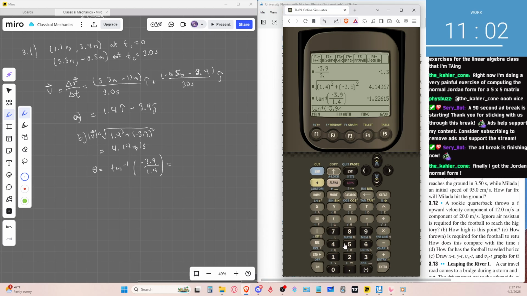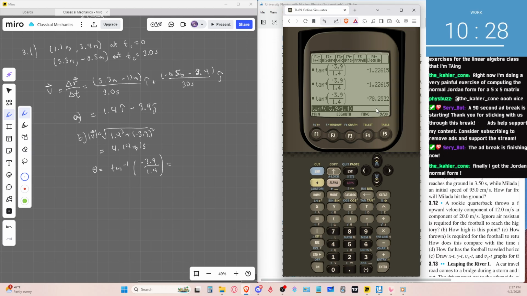I wanted the degrees. Wait, did I change it? I probably didn't. Let me see. Mode. Oh, it's still in radians. Oh, I have to enter to save it. Okay. That explains it.